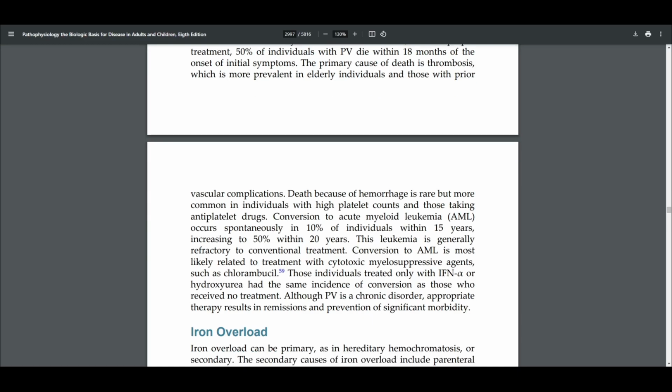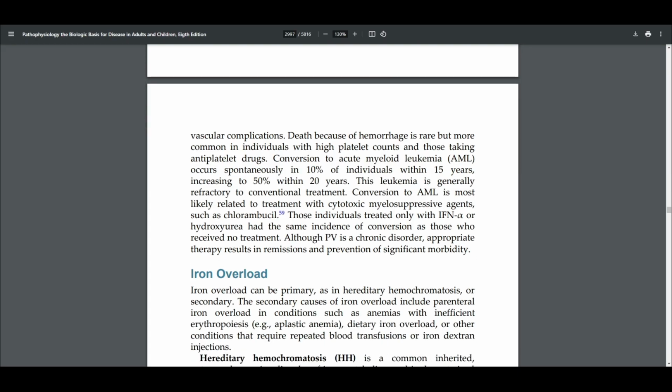Conversion to acute myeloid leukemia occurs spontaneously in 10% of individuals within 15 years, increasing to 50% within 20. This leukemia is generally refractory to conventional treatment. Conversion to AML is most likely related to treatment with cytotoxic myelosuppressive agents, such as chlorambucil.